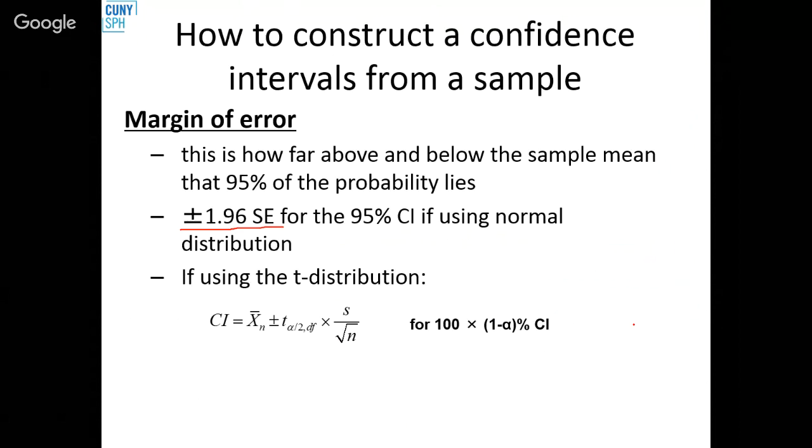That's right. Strictly speaking, if you don't know the standard deviation, you use the t-distribution, whether it's a large or small sample. It's just that for very large samples, the t-distribution becomes very similar to the normal distribution.